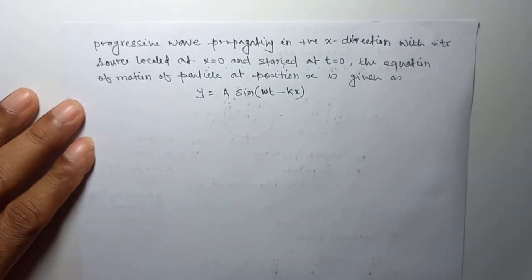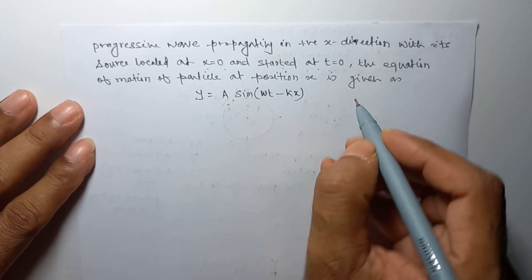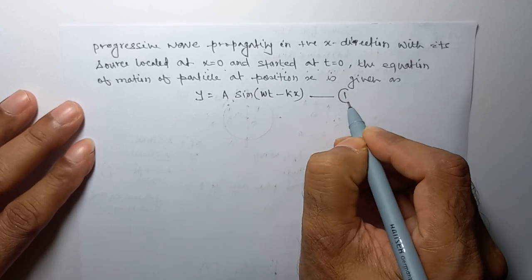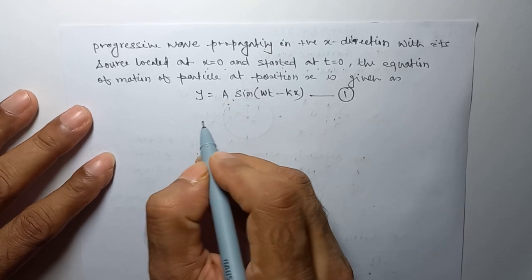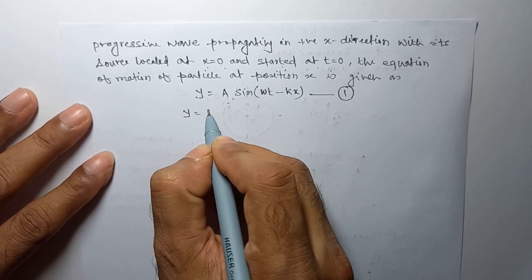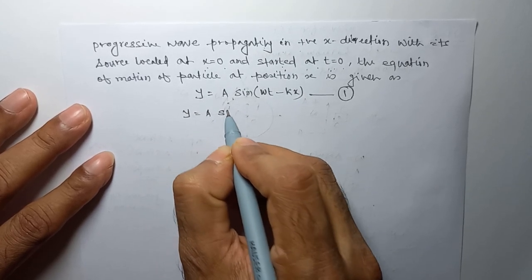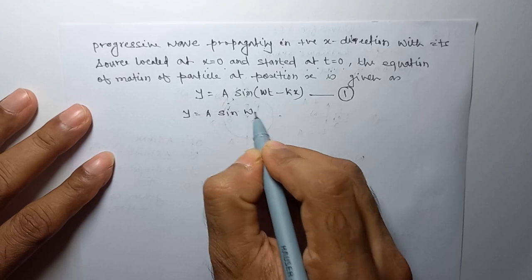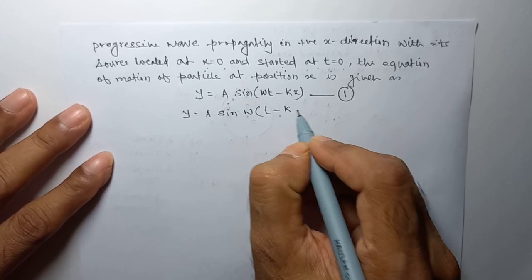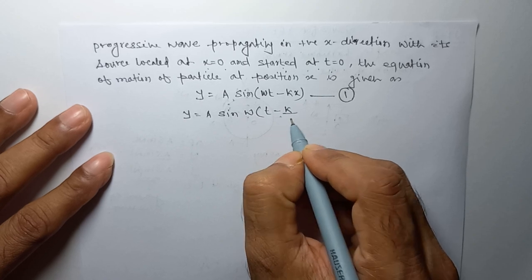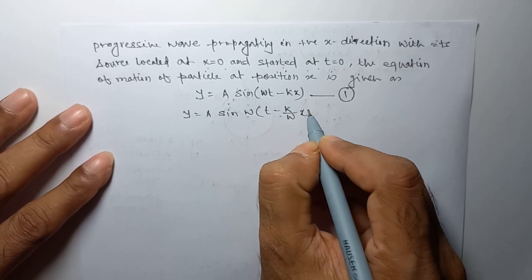Now we'll see different forms of this equation. This is one form. Second, if we take omega common, we get y is equal to A sine omega, we take common, t minus k by omega into x.